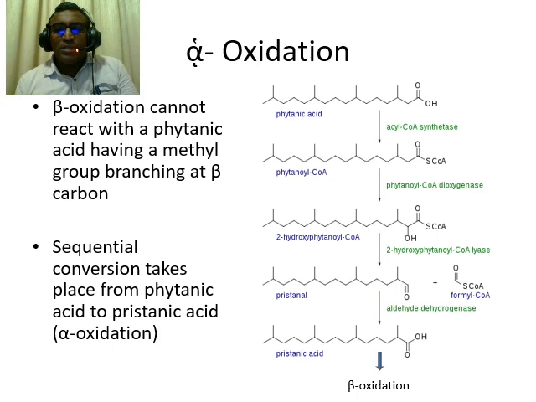When that happens, the methyl group is no longer in the beta location, and since the beta location is now free from the methyl group, it can then enter beta oxidation. So modification is done by alpha oxidation before the phytanic acid can undergo beta oxidation.